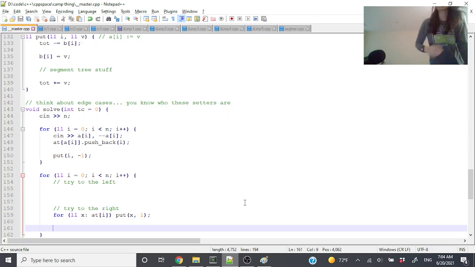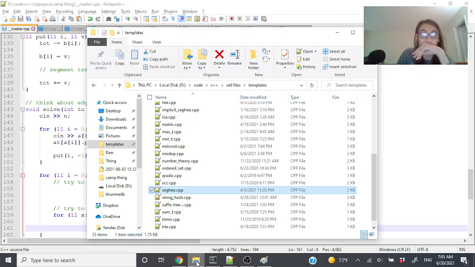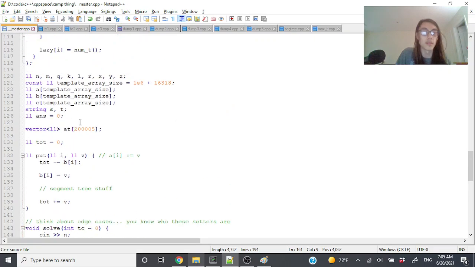So we need a min segment tree and a max segment tree. Jesus. So we need 4 segment trees. And we have a time limit of 2 seconds, which I guess is fine. So I need both of the trees.